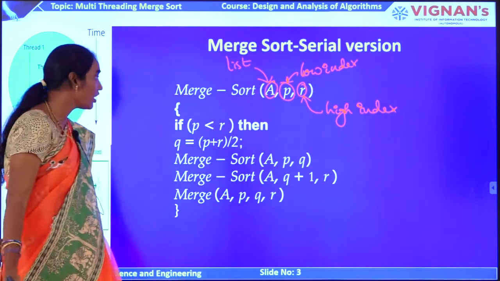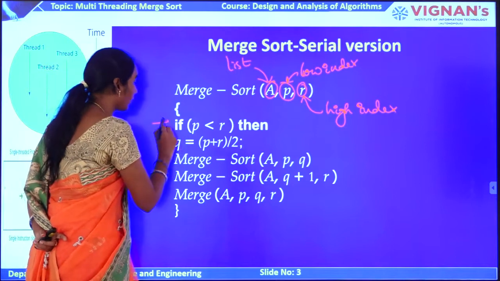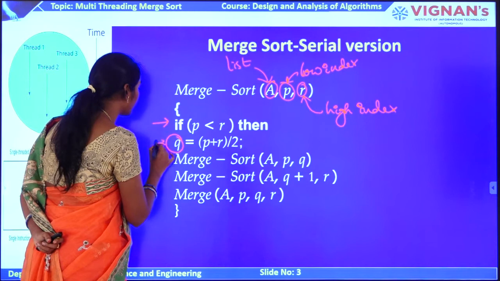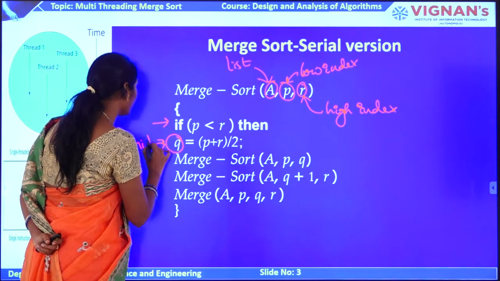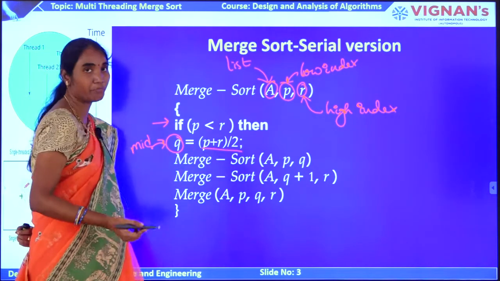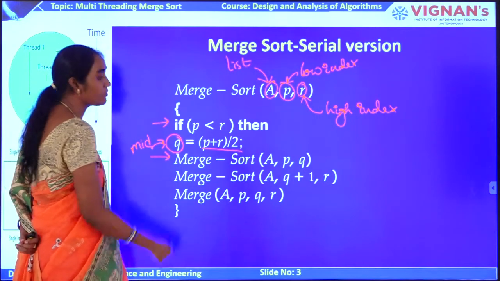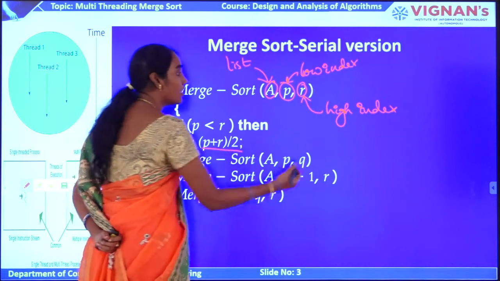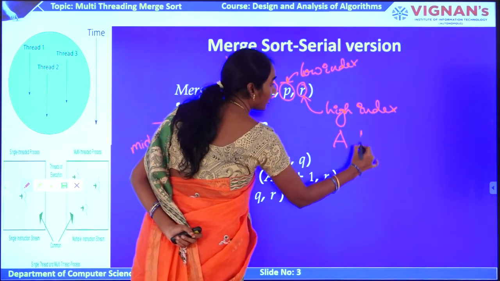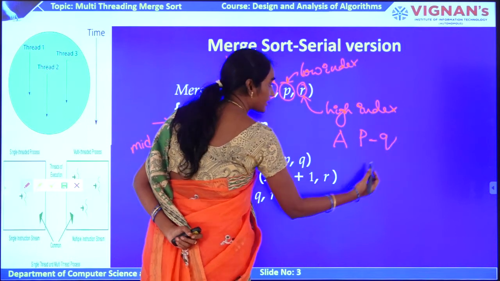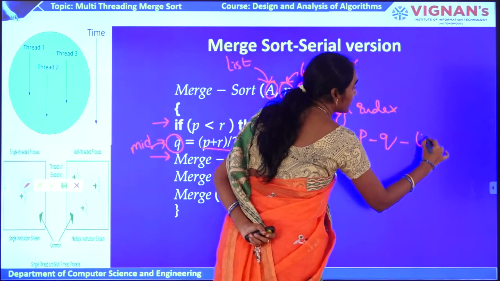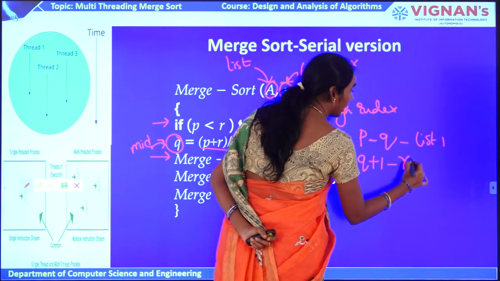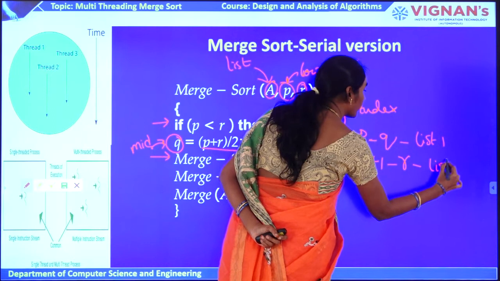Now if P is less than R, I have to find the mid position. That mid position I am representing with Q. So Q is equal to (P plus R) by 2. After that I have to apply the merge sort algorithm on the first list, the first half, from P to Q, which is list 1, and Q plus 1 to R is list 2.